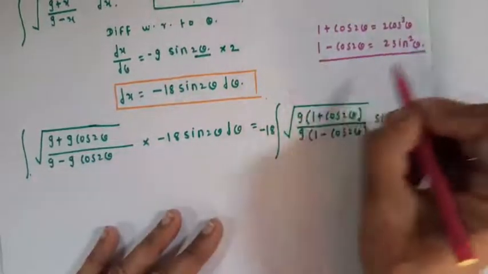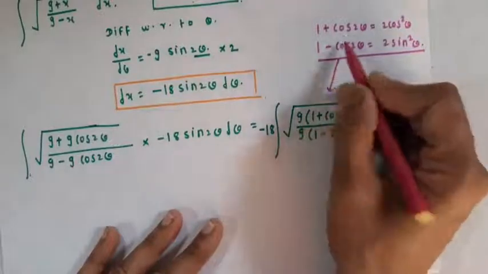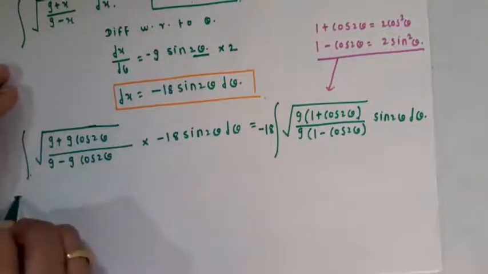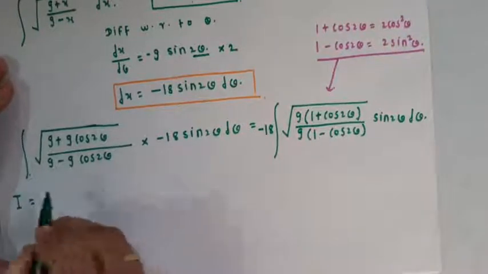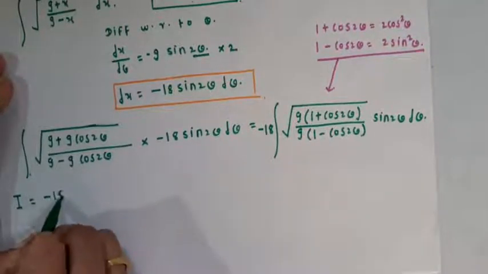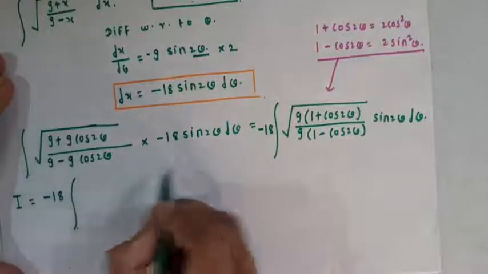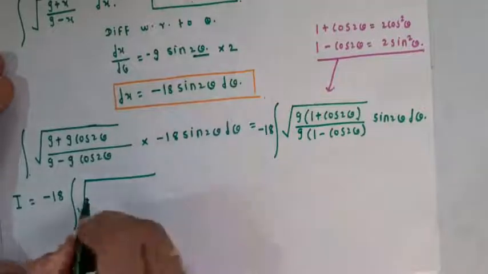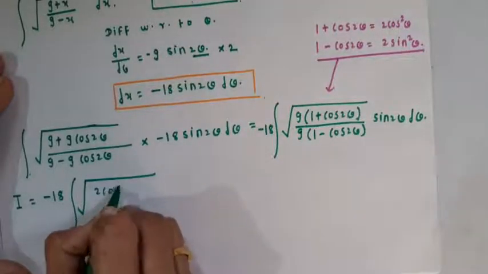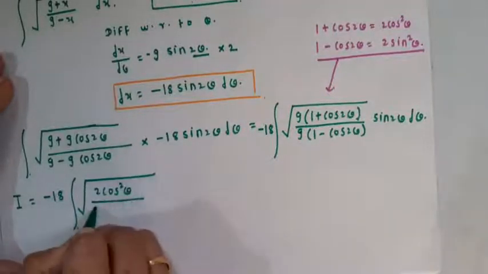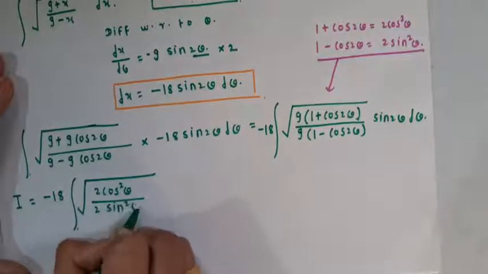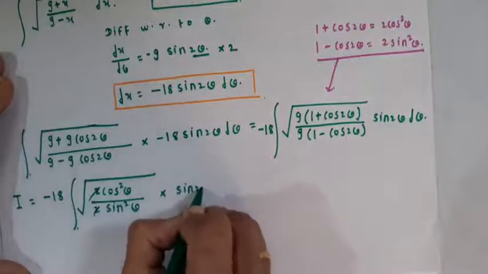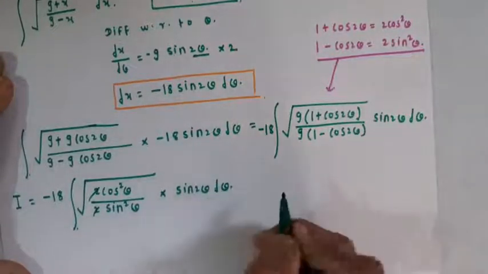By using this formula and putting the values in the given integral, we get I equal to minus 18 as a constant outside the bracket, the 9 gets cancelled, square root of 2 cos square theta upon 2 sin square theta, the 2 gets cancelled, into sin 2 theta d theta.